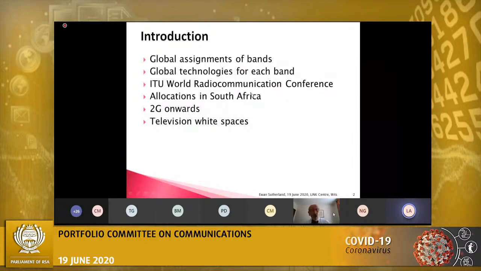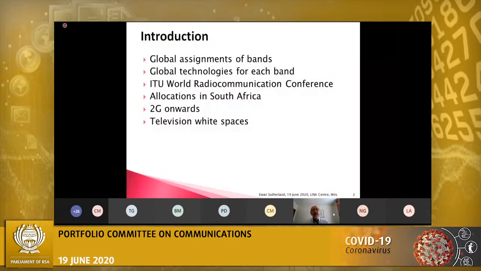There are global technologies, as I've already said. We're looking at standard technologies. You could take equipment from a house in Pretoria, and the same technologies would be found in Seoul or in San Francisco. So these are global technologies which we can use or not use as we choose.